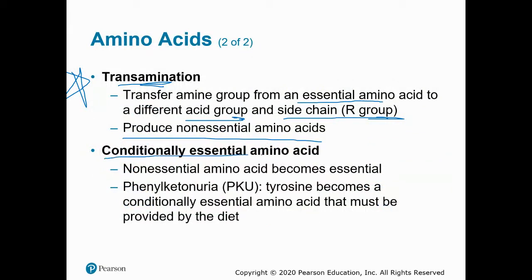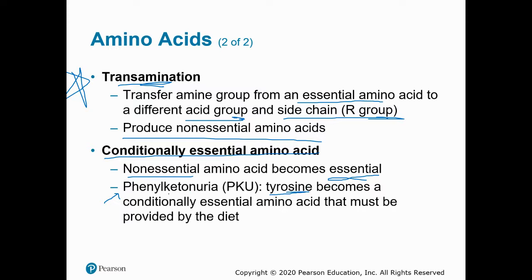We do also have what are called conditionally essential amino acids, and these are times when non-essential amino acids become essential. I won't ask you to remember this concept, but for example, we will talk about this condition at the end called phenylketonuria, in which the normally non-essential amino acid tyrosine becomes essential.